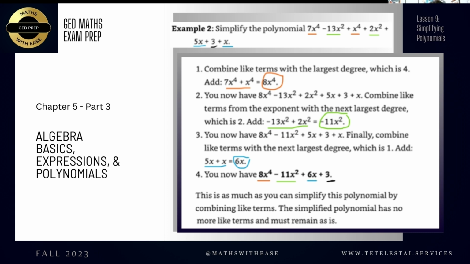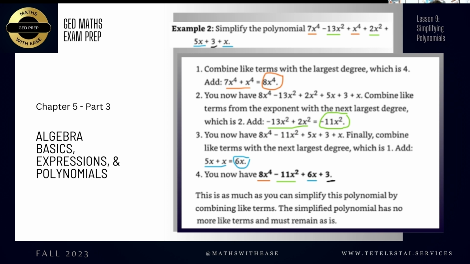And so now you have 8x raised to the power of 4, which we got from combining our first set of like terms, minus 11x squared, which we got from combining our second set of like terms, plus 6x, which we got from combining our third set of like terms, plus 3, which is our constant.